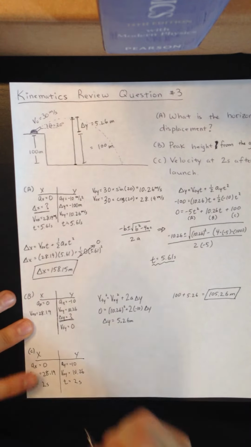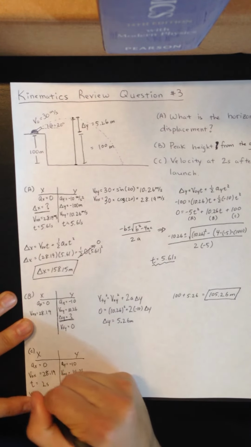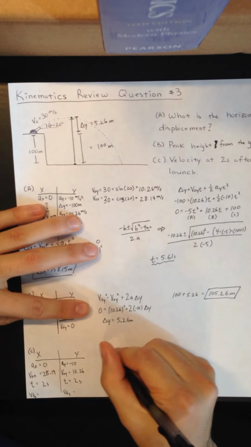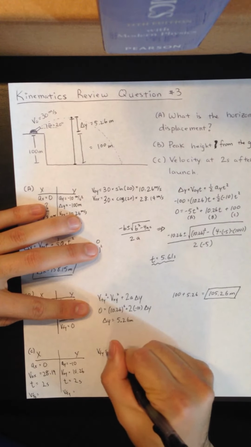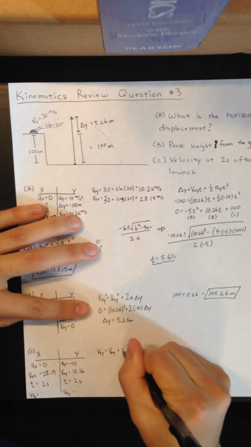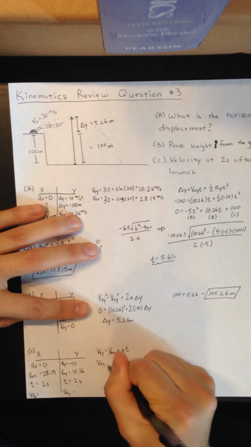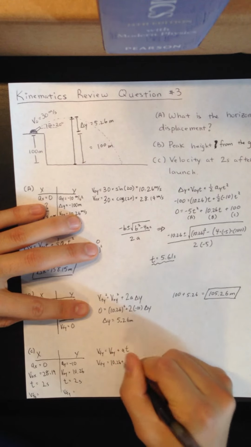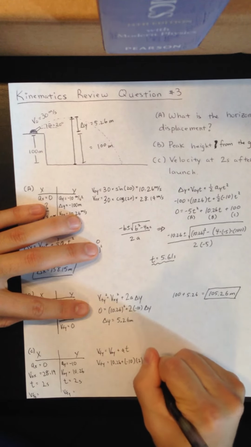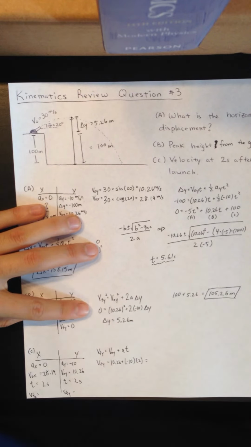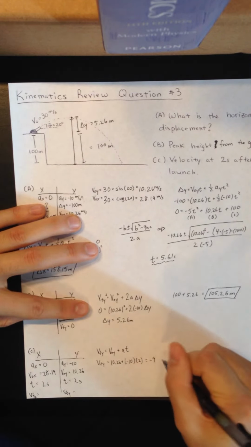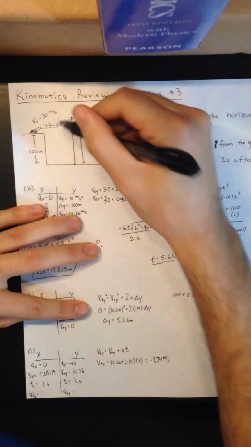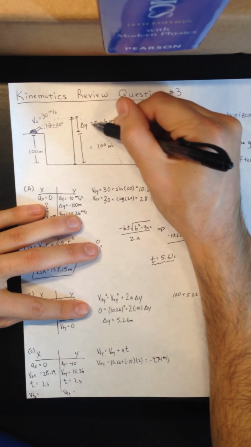Okay, so we have three pieces of information. Let's find the final velocity in the x direction and the final velocity in the y direction. So v final y equals v initial y plus a t. V final y equals 10.26 plus negative 10 times 2, which ends up equaling negative 9.74 meters per second, which means it's in its downward direction, so it's probably somewhere over here.